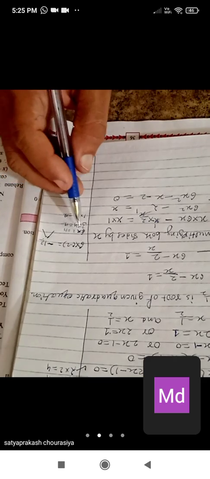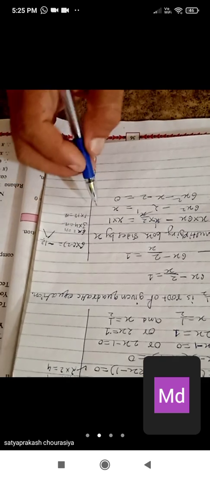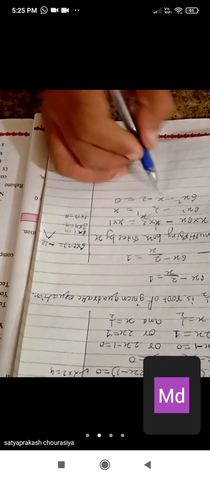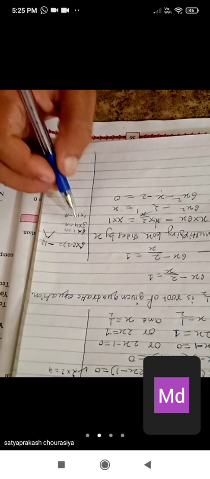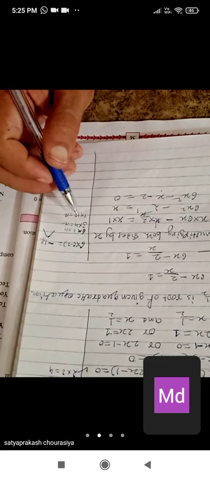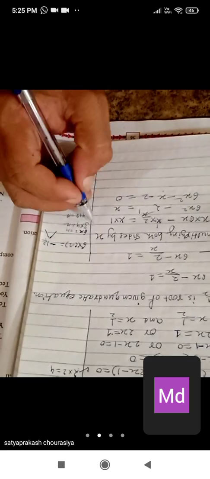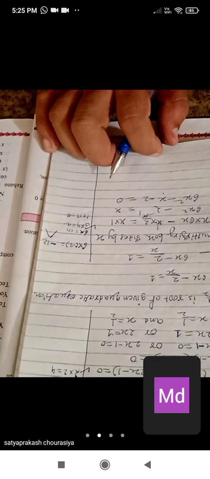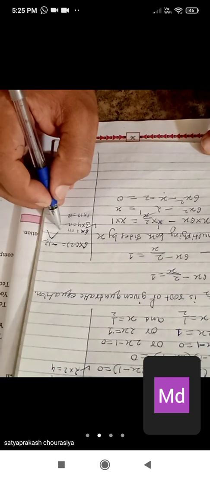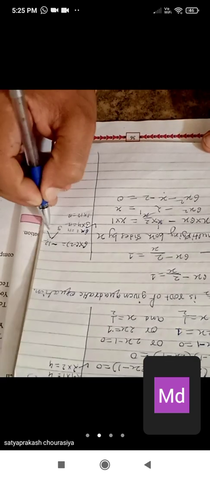The difference between 6 and 2 is 4, but the middle term is 1, so this is not the appropriate factor. Now see the second factor, 3 and 4. The difference between 3 and 4 is 1. So this is the appropriate factor for this quadratic equation. Now we will write this 12 in the form of 3 and 4.